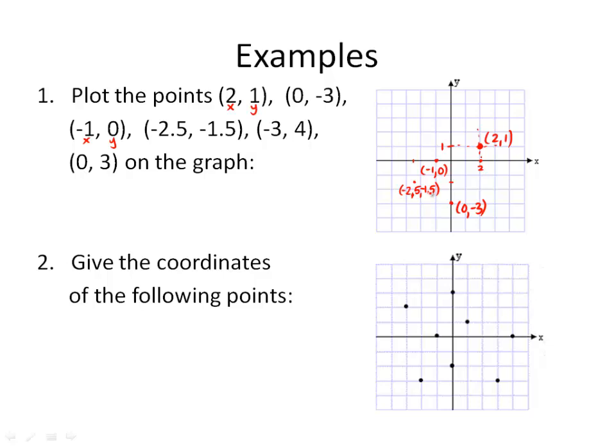You could also have (-3, 4), so -3 on the x, 4 on the y, meets right there. And one more, (0, 3), right there. Hopefully you got them. You could also be asked to find the coordinates of given points, so reading a graph.